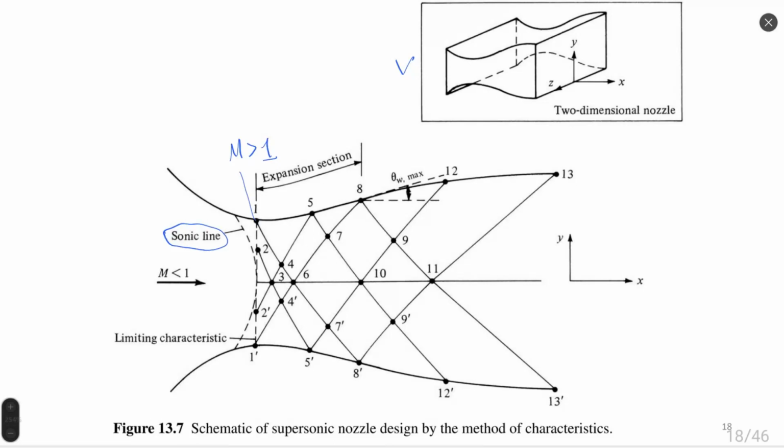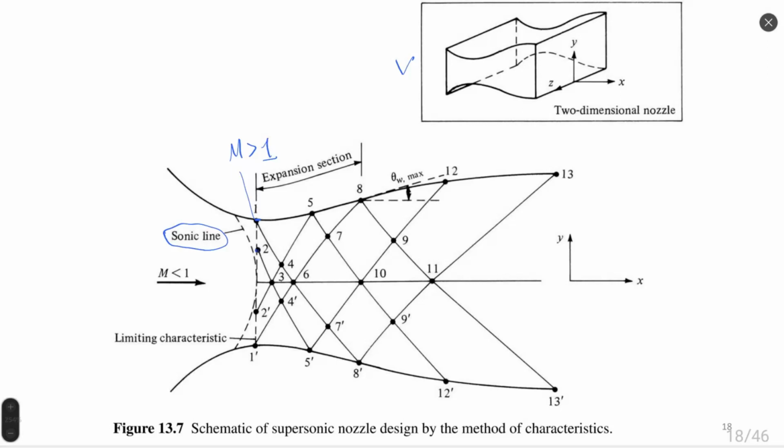Let's assume that by some method, by empirical estimations or by numerical simulation, we can obtain Mach number at points 1 and 2. What happens next? We know that at point 1, flow direction is the same as the direction of the nozzle, and since the nozzle has exactly horizontal direction, we know theta.